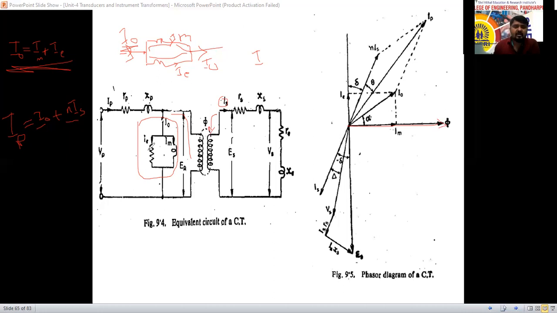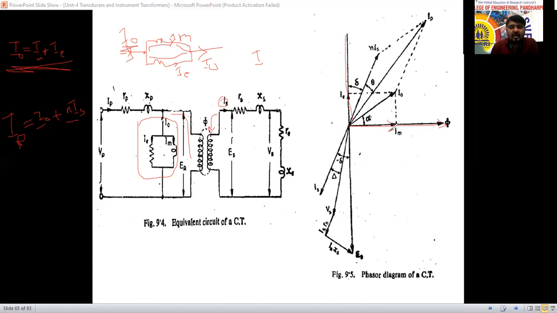IR is the resistance component, IM is the inductance component. Whatever the flux is there, that is inductive only, so it is already lagging. This one we are going to consider as leading, and this one as lagging. The magnetizing current is in phase with the flux, because it is the magnetic field only.